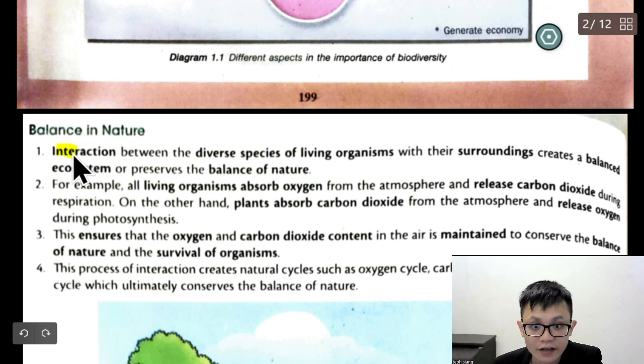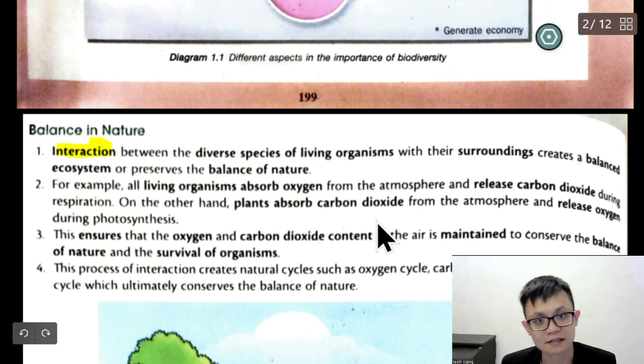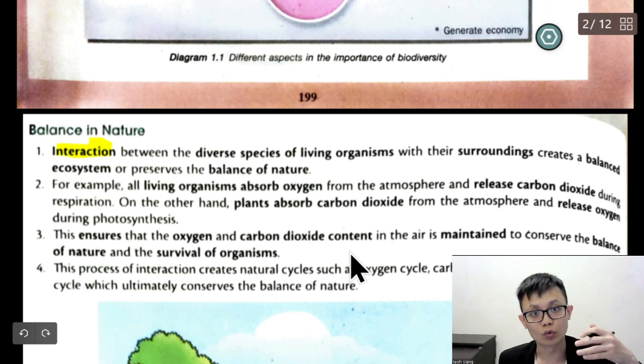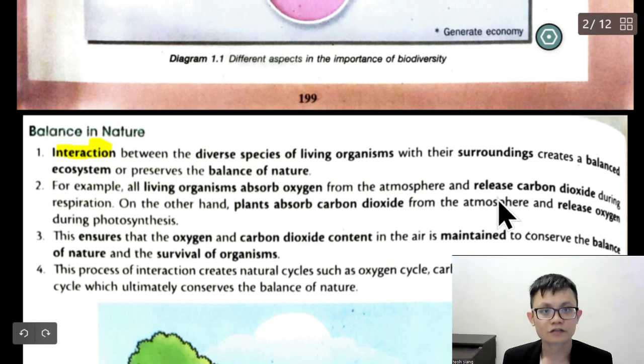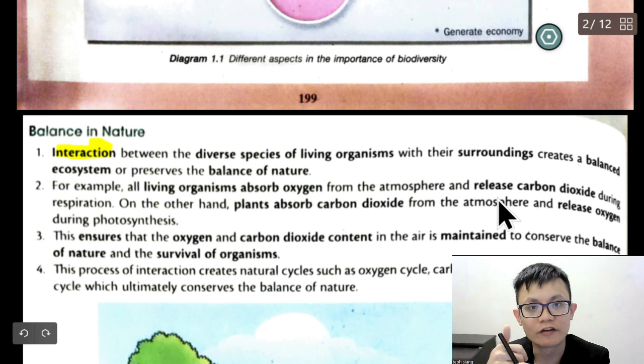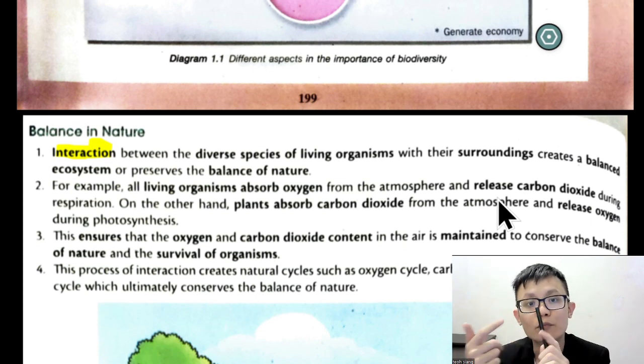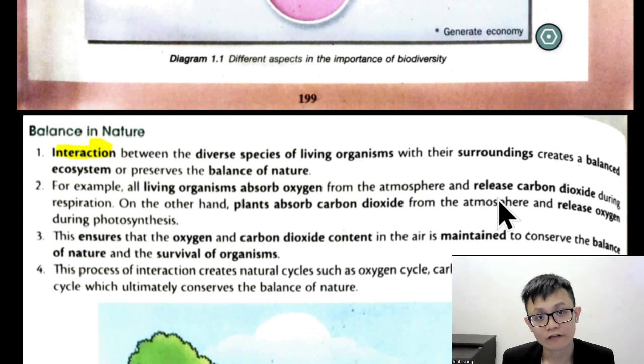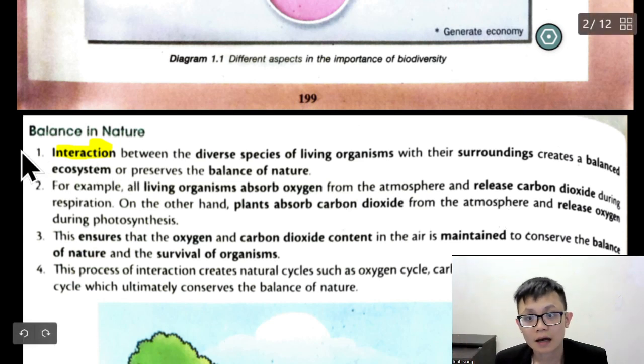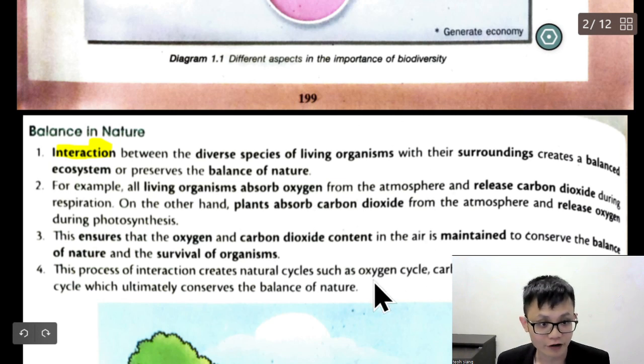Usually interaction is divided into a few categories, like symbiosis, mutualism, commensalism, and parasitism. And these are the types of interaction. I'm not going to read all of these, but you can read them.